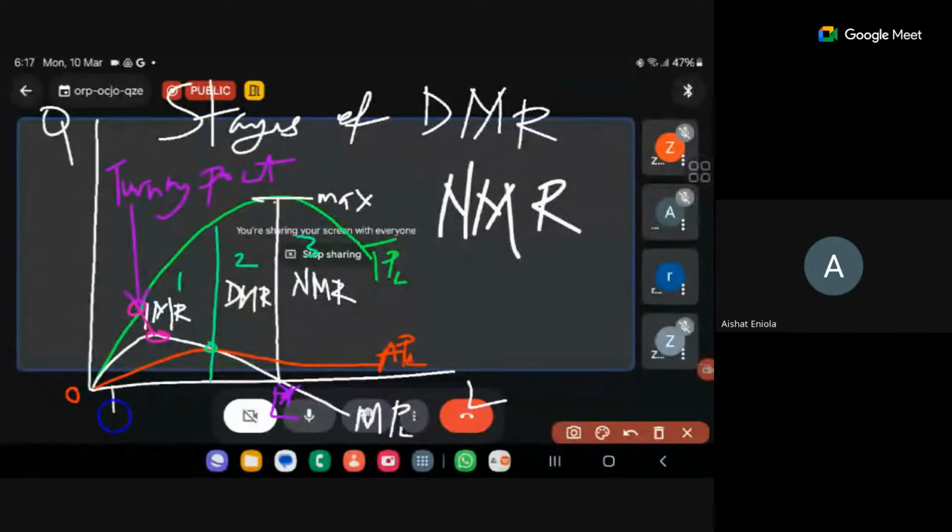So that's why I'm not putting capital on this graph. All these different levels of employment, you can call it L1, L2, L3, and this is L star, L4, L5. So different levels of employment of labor. We are comparing how productivity moves as you're bringing in more workers. But in stage 3, what happens?